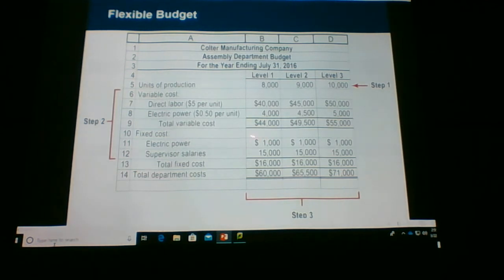So you see the variable cost component of production goes up, as does the number of units produced. That is not the same case here with fixed costs. Everything remains the same. Supervisor salaries are going to be the same at all 3 levels of production. Total department costs go up in direct proportion to the variable costs.